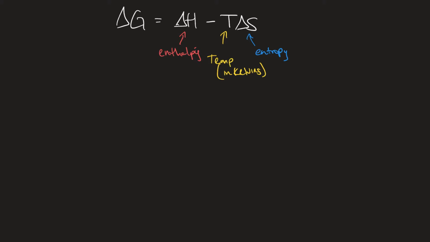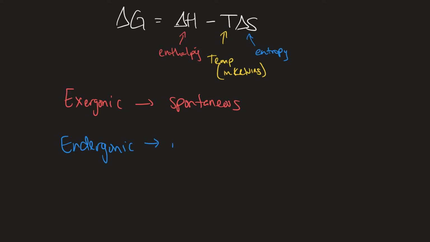When we're looking at delta G specifically, we can use those two factors, enthalpy and entropy, to figure out delta G, the free energy change. Then we can figure out if the process is exergonic, in other words spontaneous, or endergonic, meaning the process is non-spontaneous.